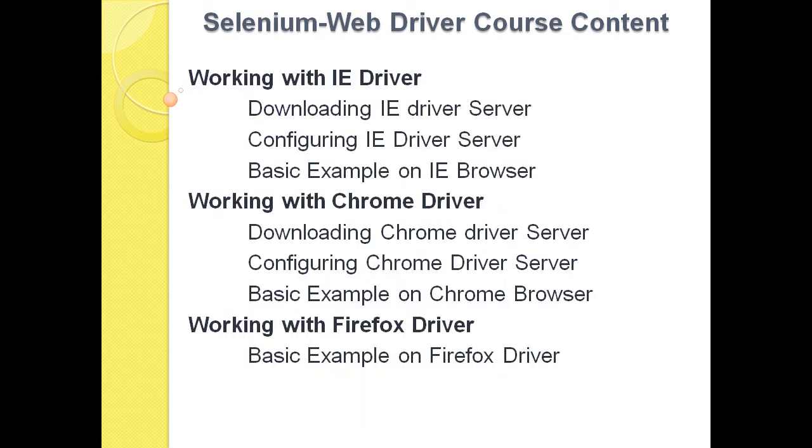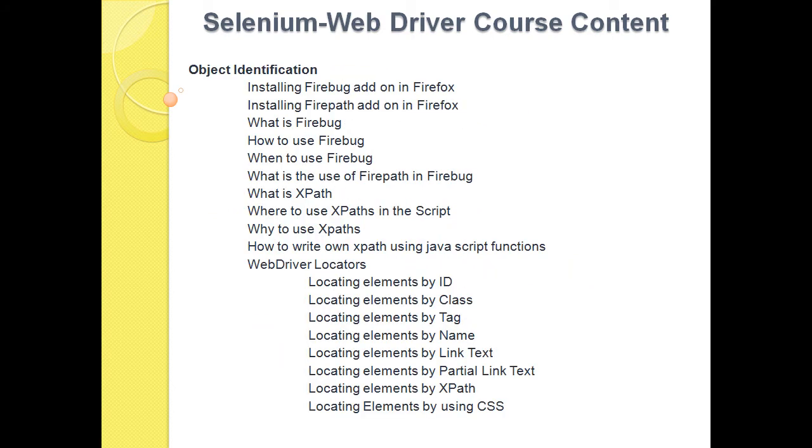How to work on the IE browser, the Chrome browser and the Firefox browser by using Selenium, and also we'll go for object identification. If you want to go for object identification, we can use Firebug and Firepath. Not only Firebug and Firepath, we can also write our own XPaths. That also we will discuss. In our own XPath we can use functions like starts-with, contains, substring, position, last, and so many methods, and we can write our own XPaths.